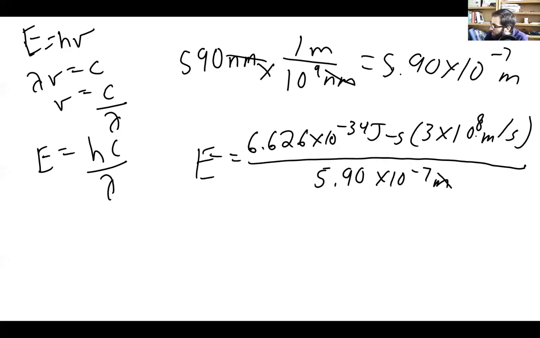Meters cancel, seconds cancel, and we end up in joules, which is what the problem is asking for. Plugging that into your calculator, you get 3.4 times 10 to the minus 19th joules, and that's your final answer.